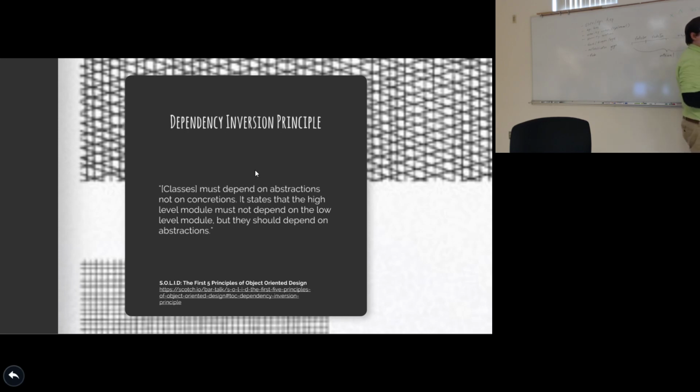So for our login system, maybe it needs to send emails to say, hey, this is suspicious, or when you register to confirm that you're you, right? It may need to send out emails, right? Well, if it directly connects to the SendGrid classes, I can't easily remove SendGrid from the system. Does that make sense?